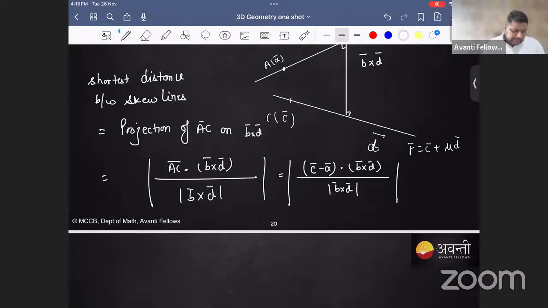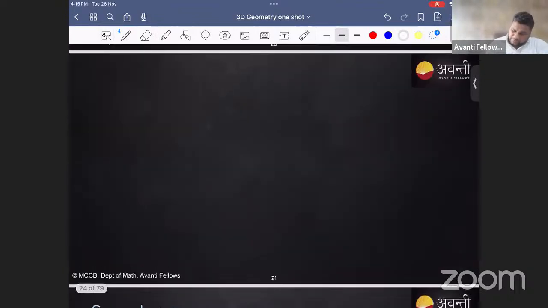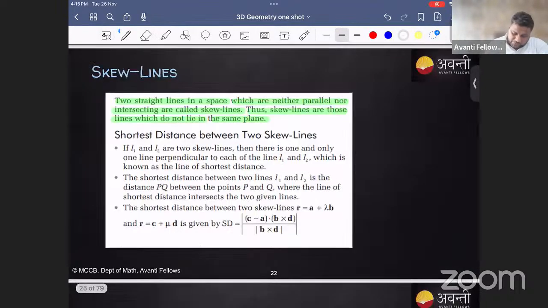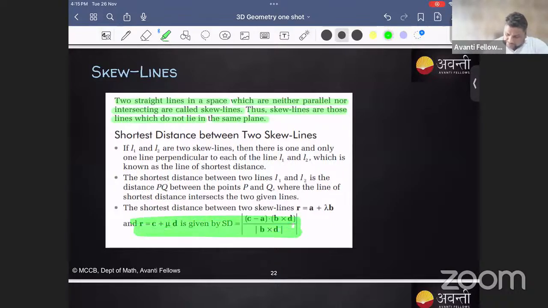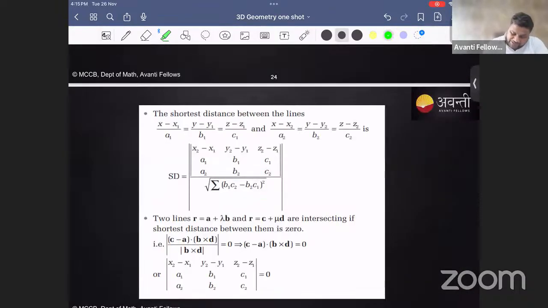Now, write a question. See, this is the formula for the shortest distance between skew lines. All right. Now, this is the same formula in 3D form. You don't have to remember this formula specifically for 3D form. This is easiest in vector form. We will remember this formula in vector form only.